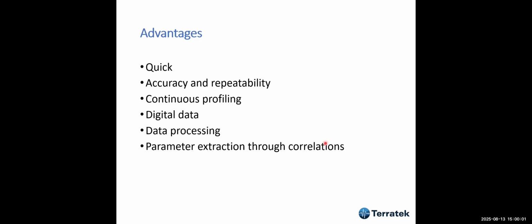But what are the advantages? Since the scatter of the results is smaller, the accuracy is much higher. So the parameters obtained by a CPT are at least one order of magnitude better than those obtained by SPT.